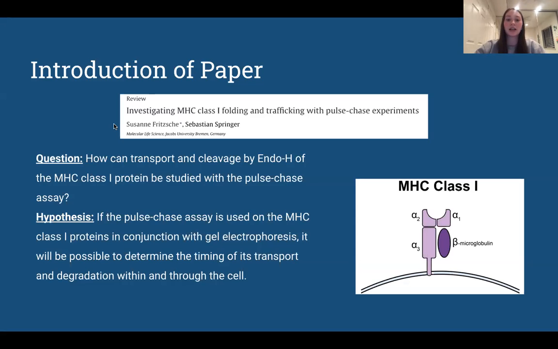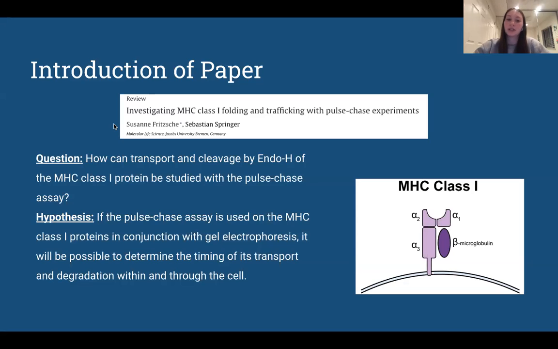This paper discusses how the folding, peptide binding, peptide optimization, and surface transport of the MHC class 1 molecules have been studied for so many years. There are many questions about MHC proteins that have been discovered using this method, but this article touches on how the pulse chase assay can determine information about these proteins.